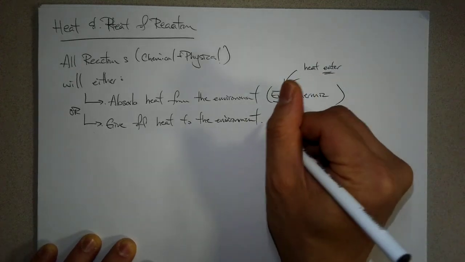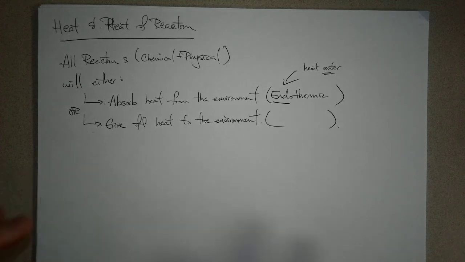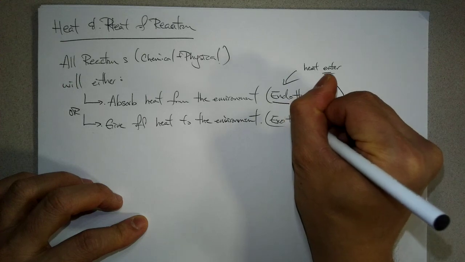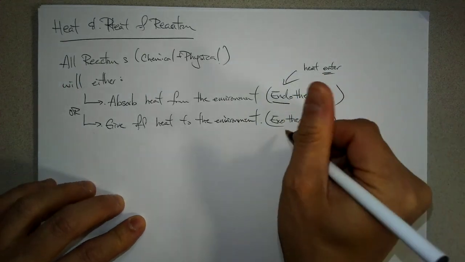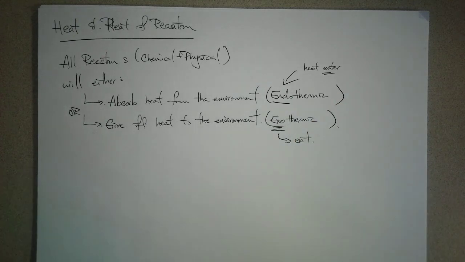And if endo is enter, and it absorbs heat, what do you think is the name for the reaction that gives off heat to the environment? Yes, exothermic. Thank you. Exothermic reaction. So exo, exit. It gives off heat to the environment.